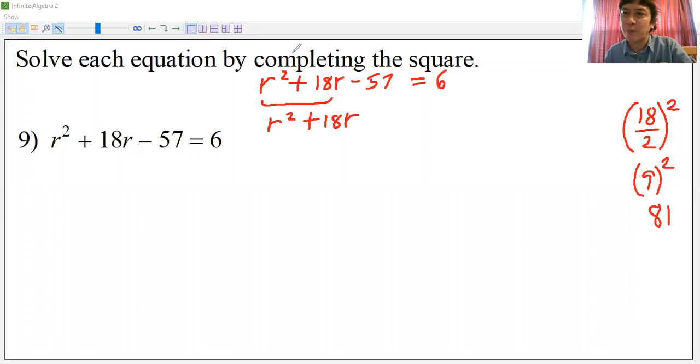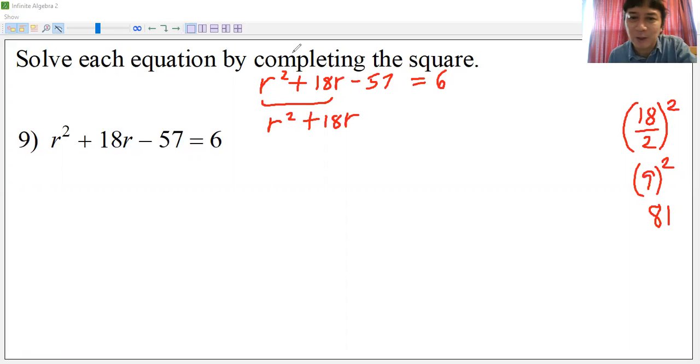Okay, so our number is 81. Now, we're going to use this 81 into the equation. Okay, if you're going to use this in the equation, you will have to insert it in the equation. Make sure you're inserting it in the right way. Okay, you will add it there.